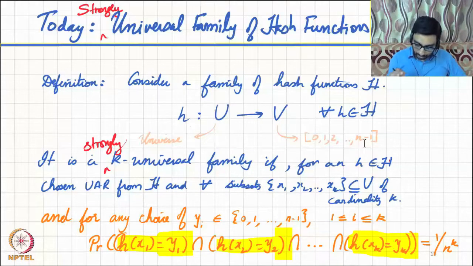My apologies, it's not at most 1 over n to the k. It should be exactly equal to 1 over n to the k. And this is the requirement for a strongly k-universal family of hash functions. And quite obviously, this is a stronger definition.